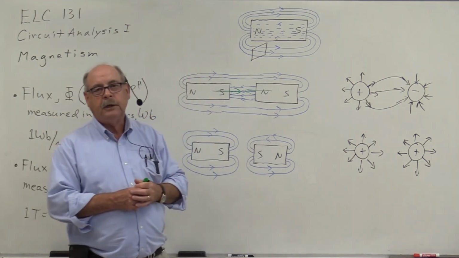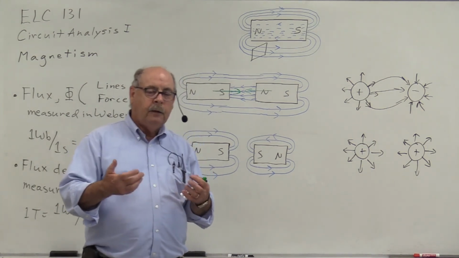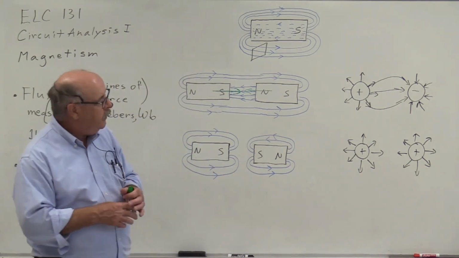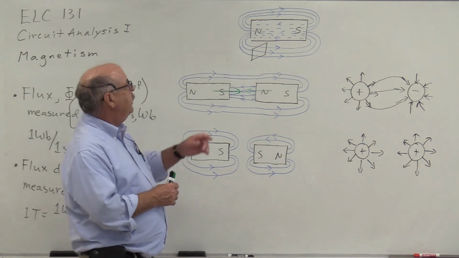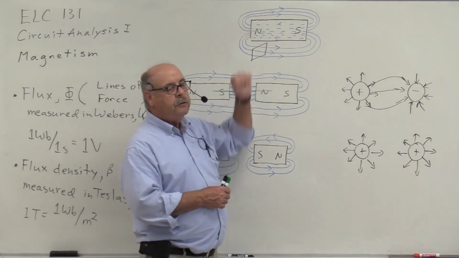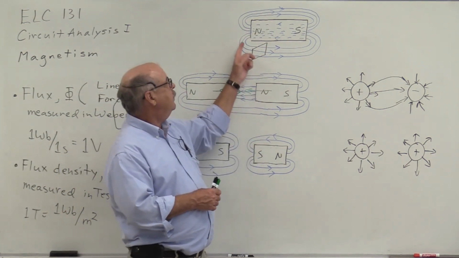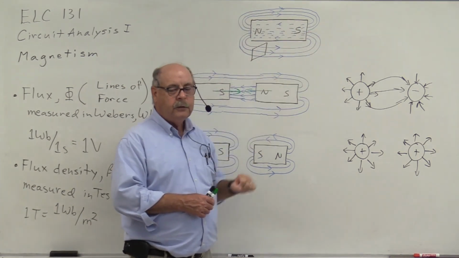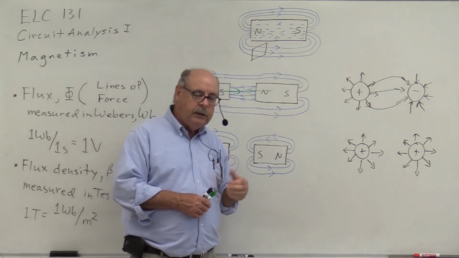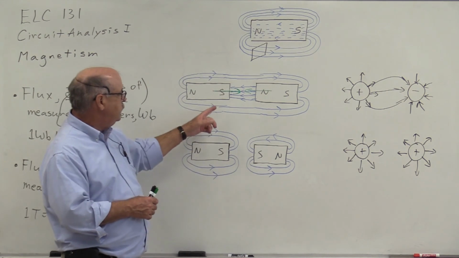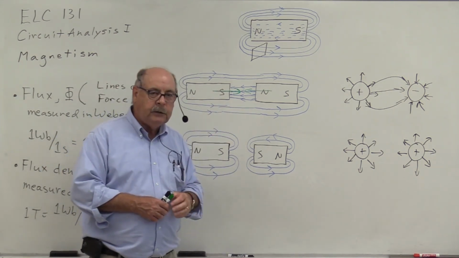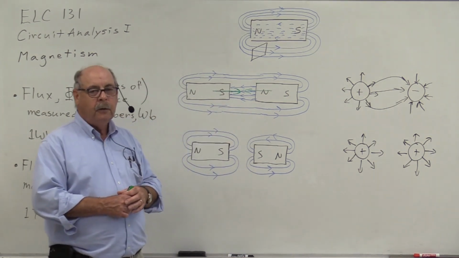These lines of force cannot cross. They have no beginning. They have no end. And most importantly, these lines of force have direction. They exit the North Pole and enter the South Pole. And it's these lines of force that cause these magnetized bodies to be attracted or repelled.